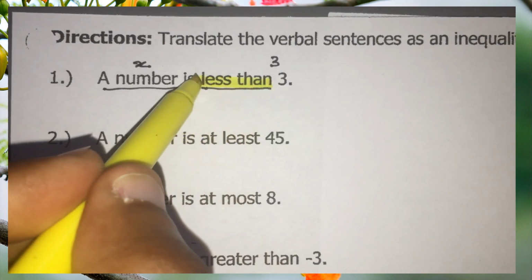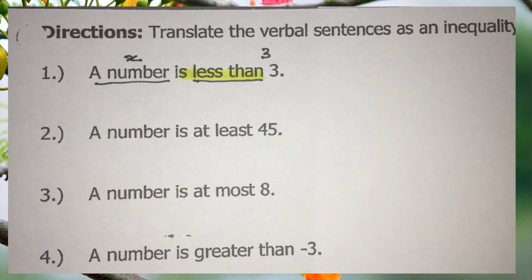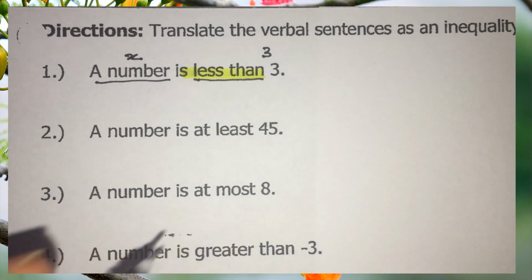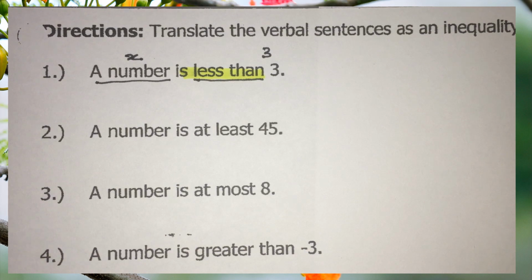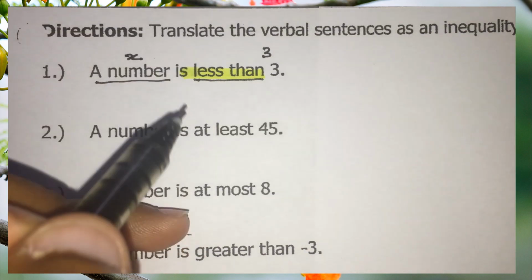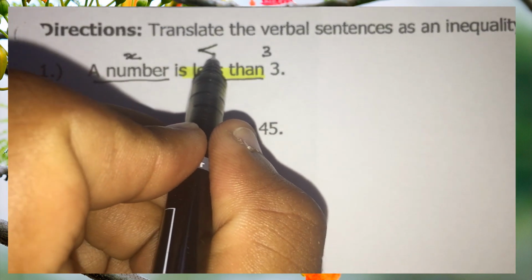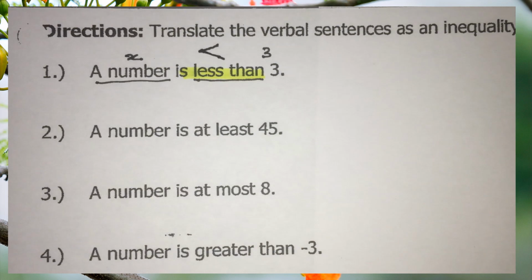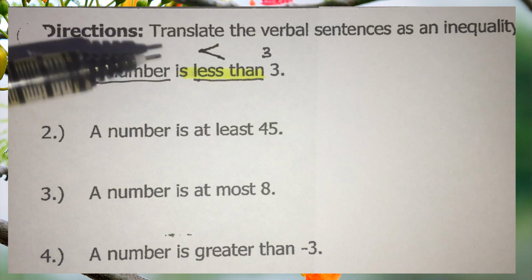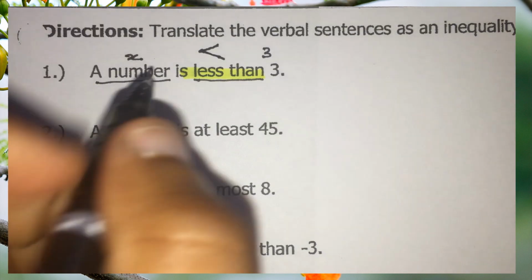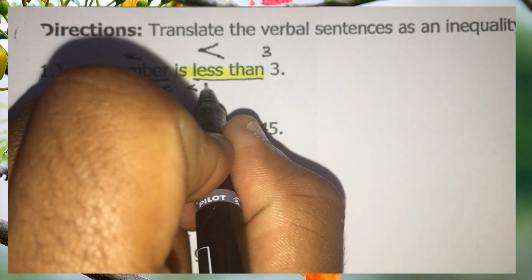And to show that x is actually smaller than 3, we use an inequality symbol. When I was in primary school, they always said the alligator mouth is open towards the larger number. So because 3 is going to be larger than x, which is the same thing as saying x is smaller than 3, then the alligator mouth will open towards the 3, right? Notice that the open part of the symbol is towards the 3. So a number is less than 3 is the same as x is less than 3.